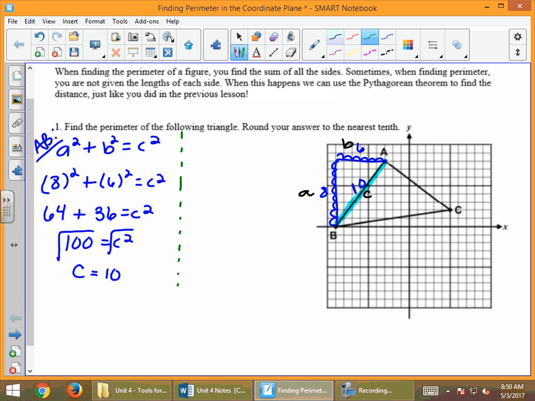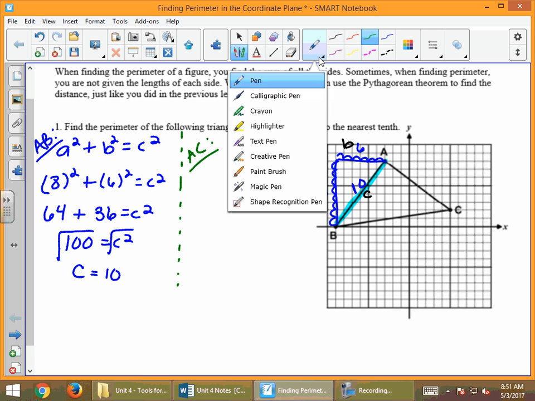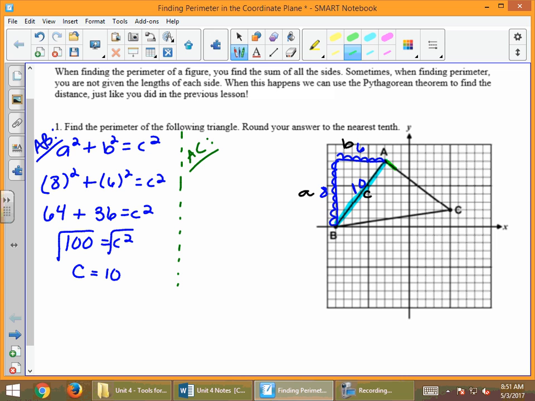We're going to do the same exact steps to find AC next. I'll highlight it. We're finding AC. Make your right triangle. I like to make my right triangle on the outside to make everything neater.